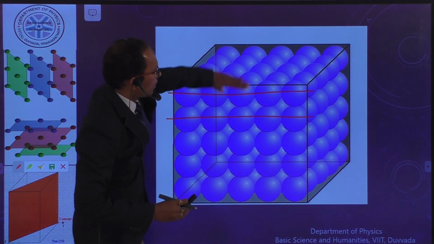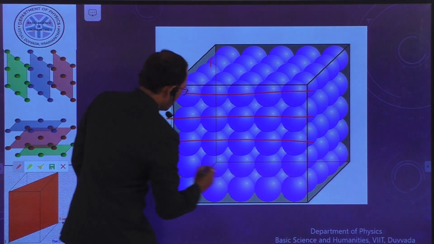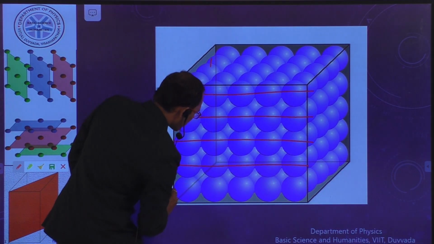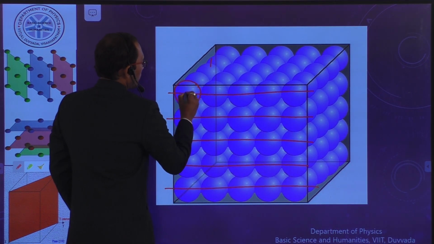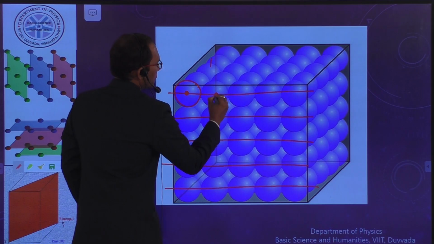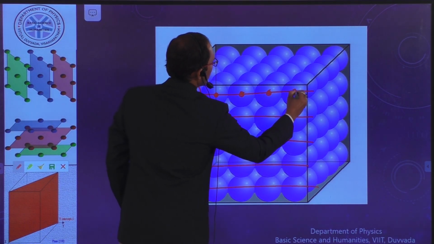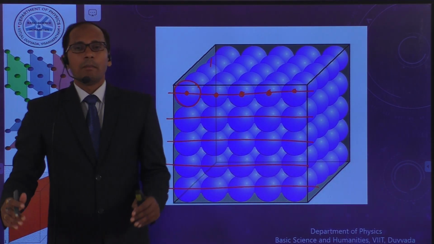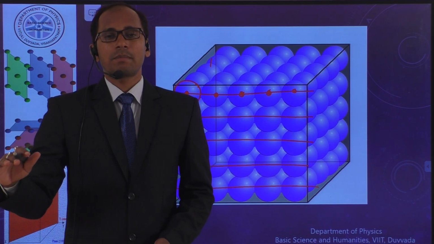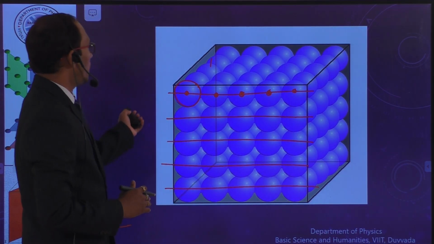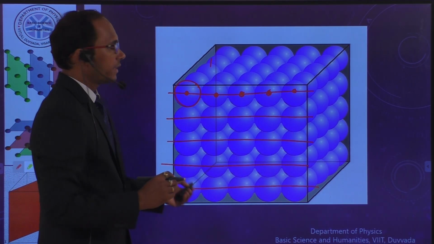Each and every atom I represent with a small dot. That means parallel planes are present, each atom represented with a small dot, like this.